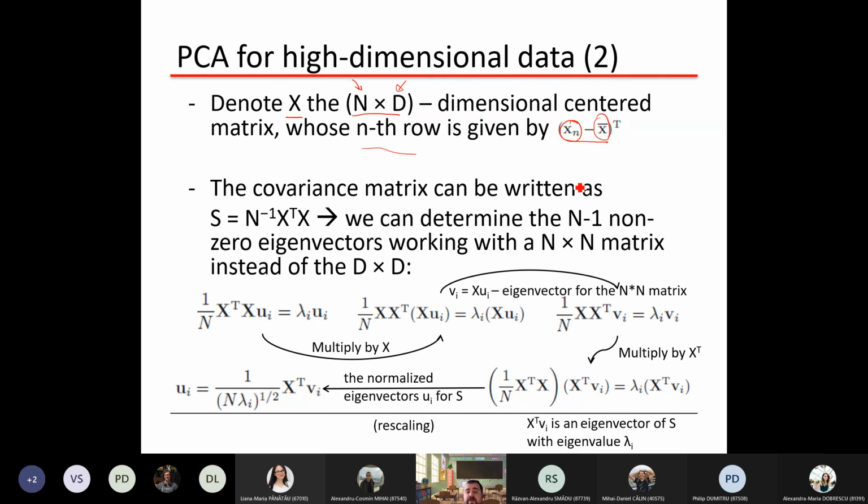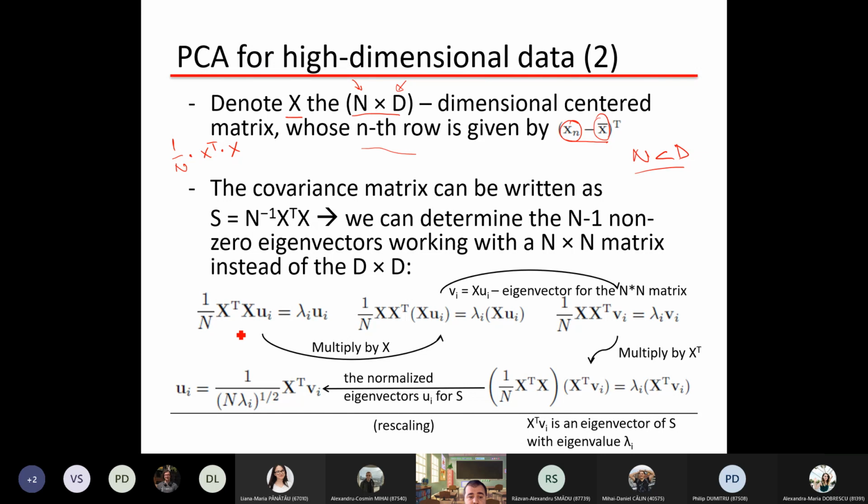Now, the covariance matrix, considering this, will be 1 over n multiplied with x transposed multiplied with x. And we can derive the n-1 non-zero eigenvectors working with the n by n matrix instead of d by d, because I told you n is smaller than d in this case. And this is how we do it.